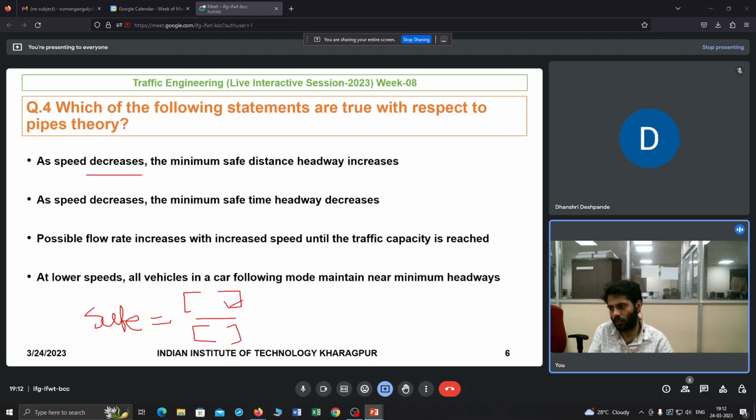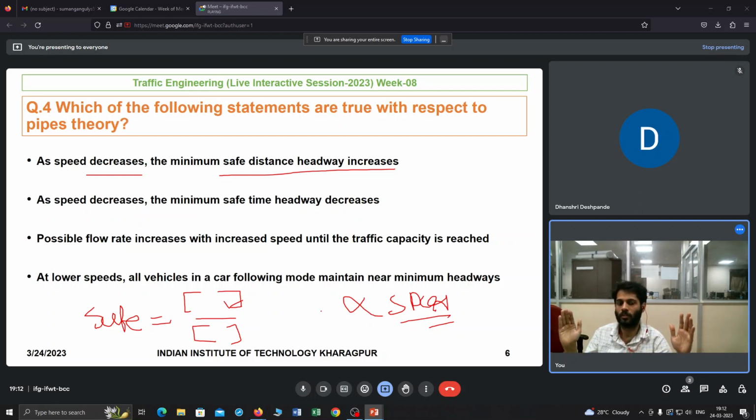As speed decreases, the minimum safe distance increases, because it has a directly proportional relation with speed. Actually, as speed increases, your safe distance value will increase, not decrease, because at higher speeds the vehicle has to be careful and maintain a safer headway distance, not less. So that statement is not true. As speed decreases, the minimum safe distance should decrease, not increase, so it is not true.